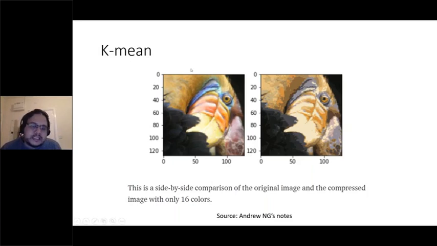Let's see, we have this image. It has a number of colors, and we want to convert it into an image of 16 colors, like in here, or just 2 colors. How would you do that? Let's say you want to convert this image into black and white. How would you do it?